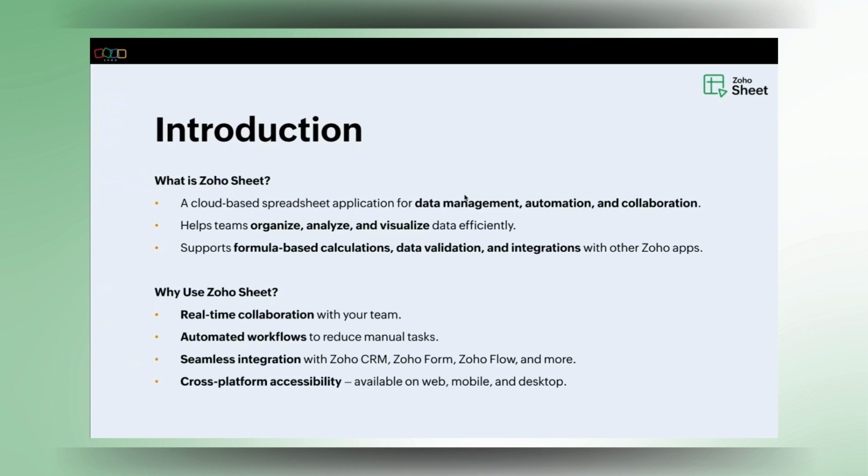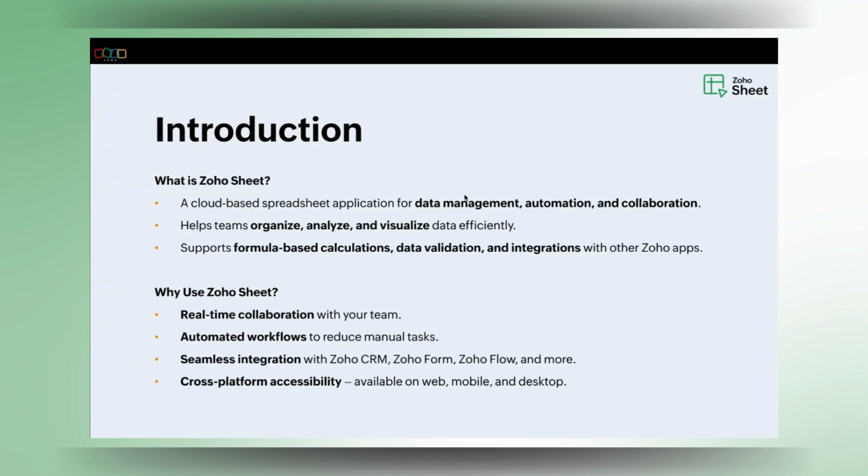Before we begin, let me give you a quick introduction about the product. Zoho Sheet is a spreadsheet application that helps you to transform raw data into actionable insights. With its advanced functions and seamless integrations, Zoho Sheet empowers teams to collaborate in real time, automate repetitive tasks, and gain deep insights from their data.